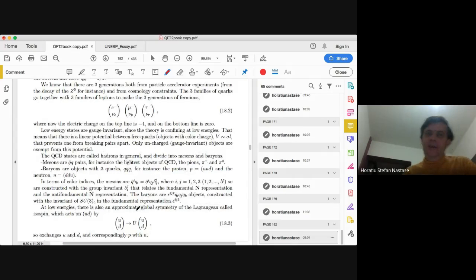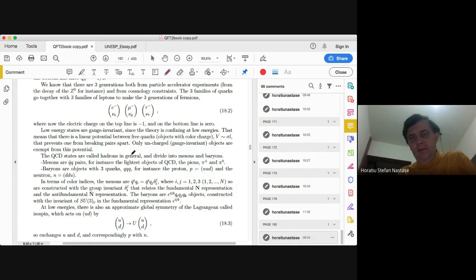The low energy states are gauge invariants, since the theory is confining at low energies. What that means is that because at low energy the gluon force is very strong, the coupling becomes very strong, and we obtain a linear potential between quarks: a potential approximately equal to a tension times the distance between the quark and antiquark.